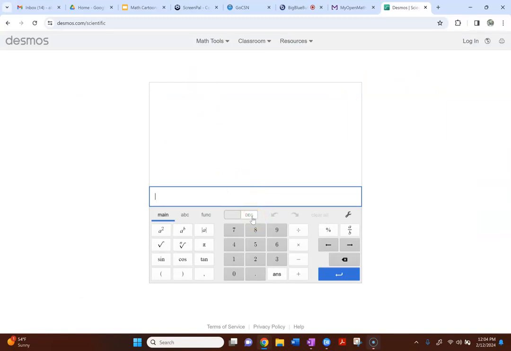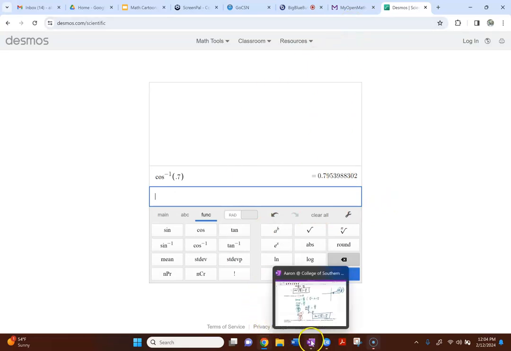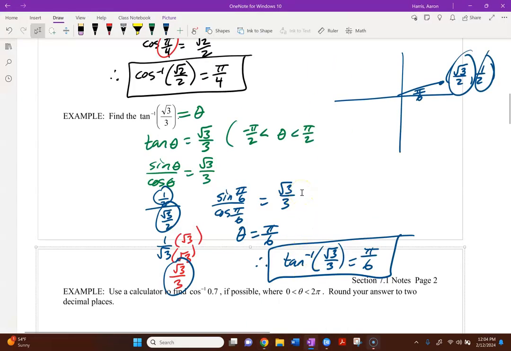I want this in radians. There's no degree mark on there, so make sure you put in radians first. And I've got to find my arc cosine, or the inverse cosine. There's my arc cosine. I went to function, arc cosine, punch in that 0.7, enter. There it is, 0.7959. Punch that in right here.